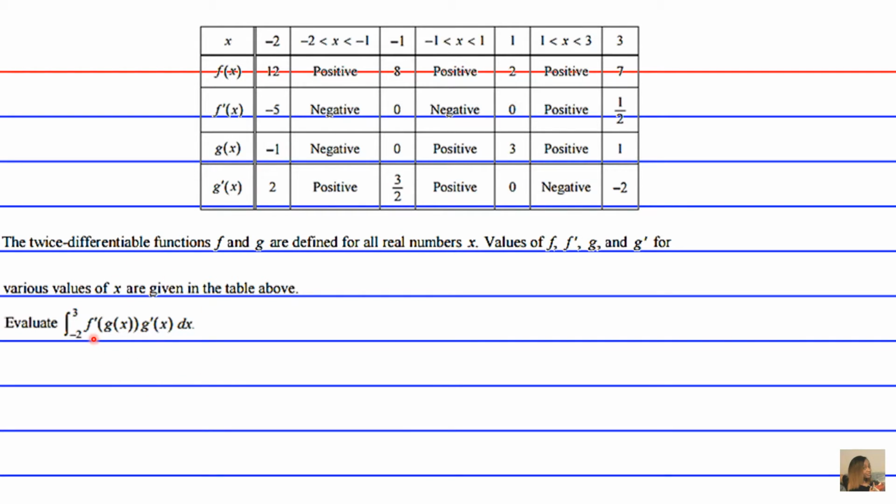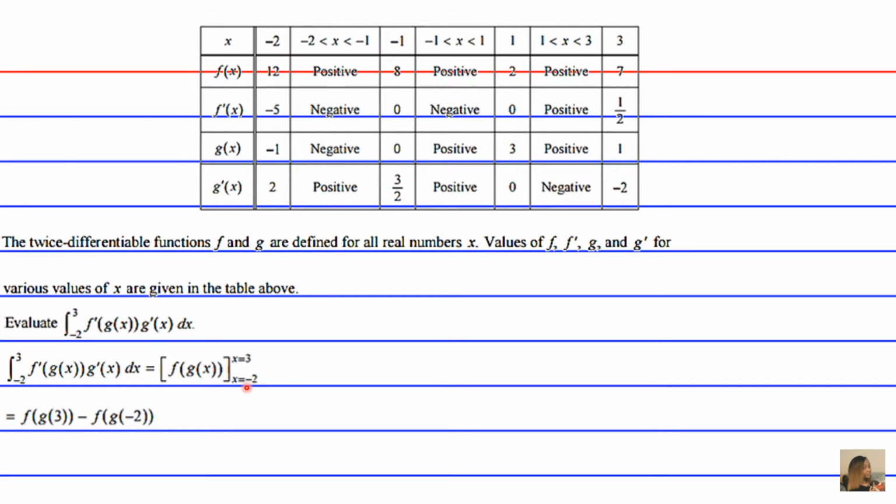So we can clearly see that based on the chain rule, the original antiderivative of this long derivative is just f of g of x, okay? So the integral from -2 to 3 of f prime of g of x times g prime of x dx is equivalent to f of g of x evaluated between 3 and -2.